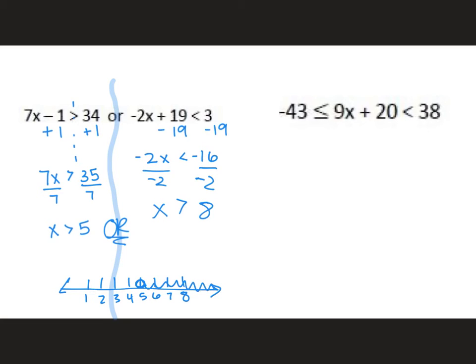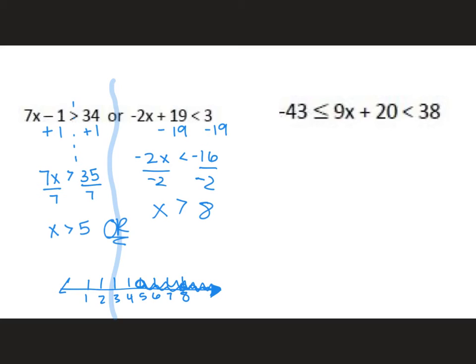X is greater than 8 is included there. Anything that's greater than 5 is also greater than 8. We don't need to put that dot there because everything that is included, it's still an OR inequality. So it's still one or the other, but in this case, the graphs just overlapped.